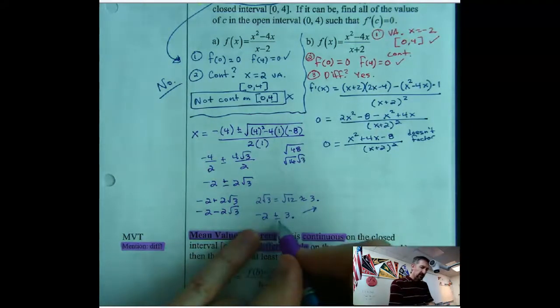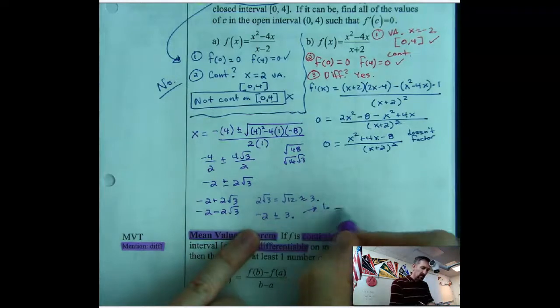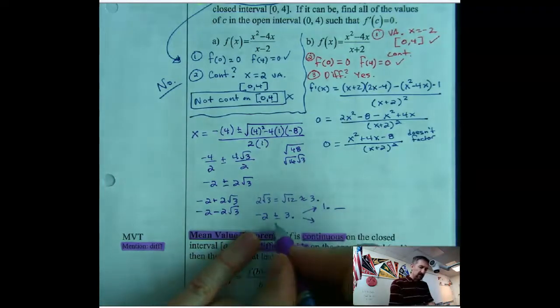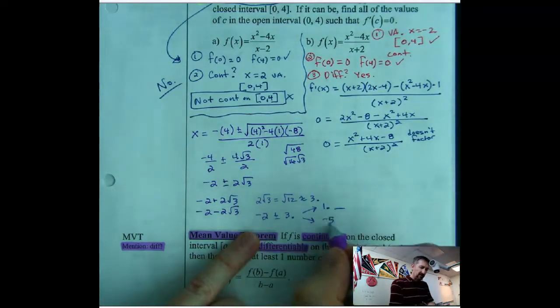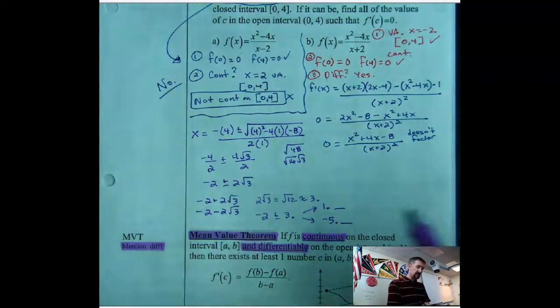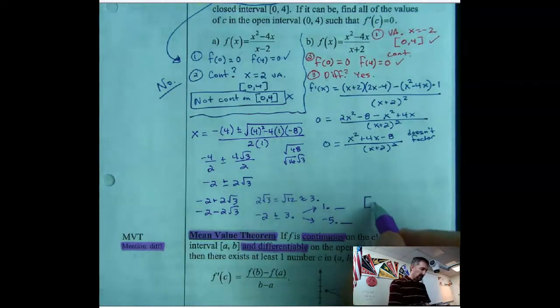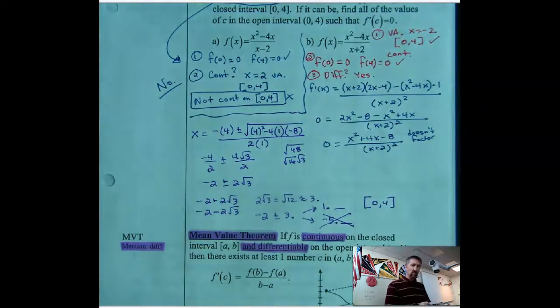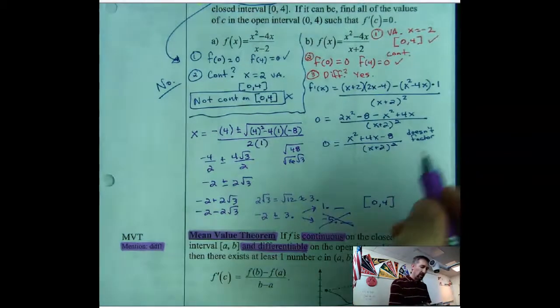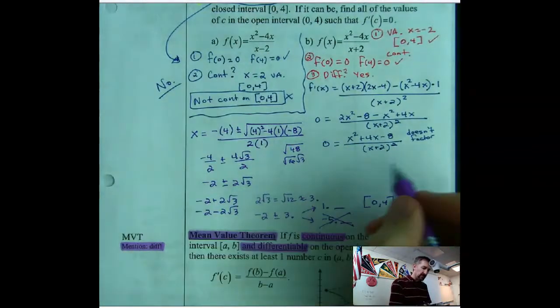So negative 2 plus 3 point something is going to be 1 point something. Negative 2 minus 3 point something is going to be negative 5 point something. So in the interval from 0 to 4, negative 5 point something is not really going to work for us. So we just need to worry about negative 2 plus 2 root 3.